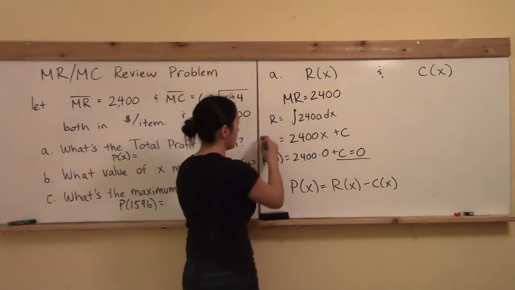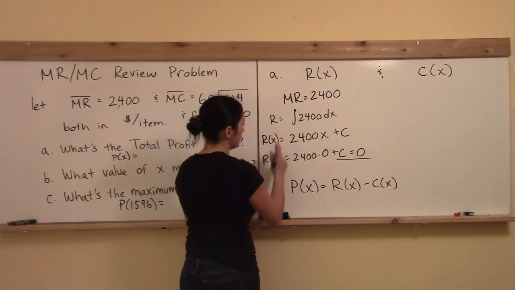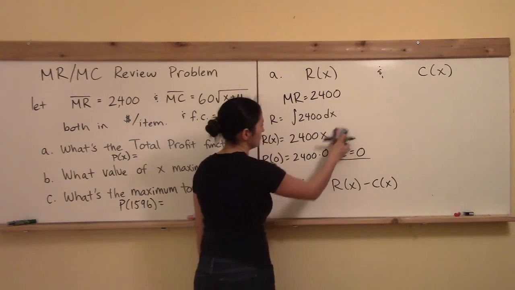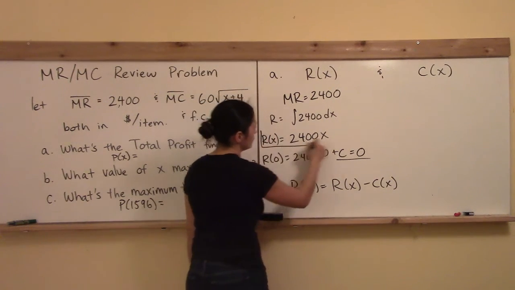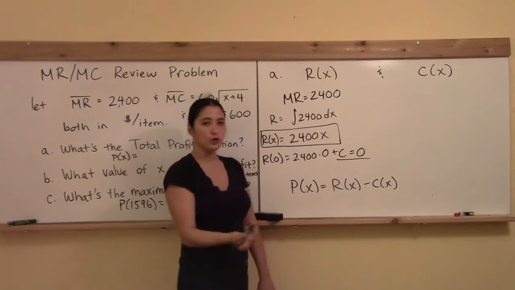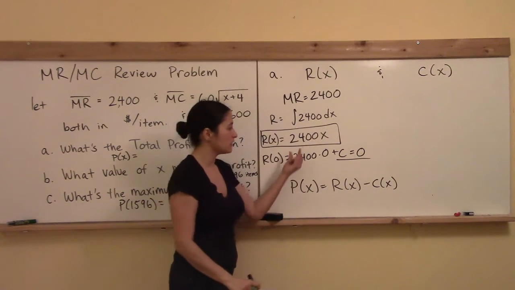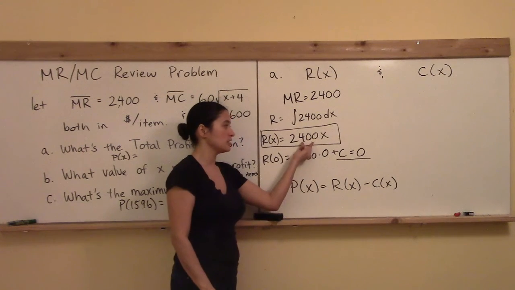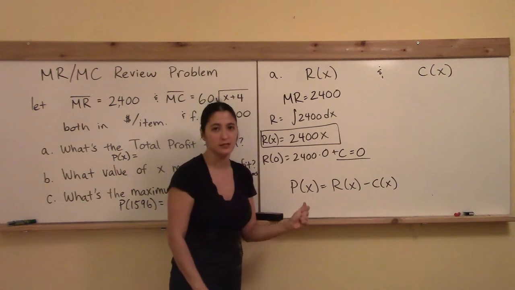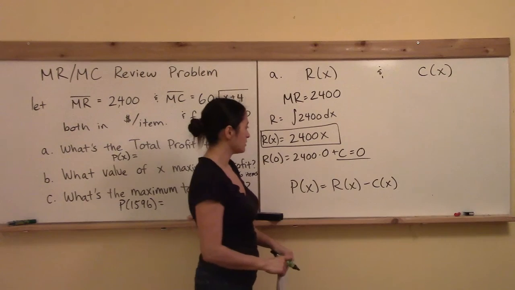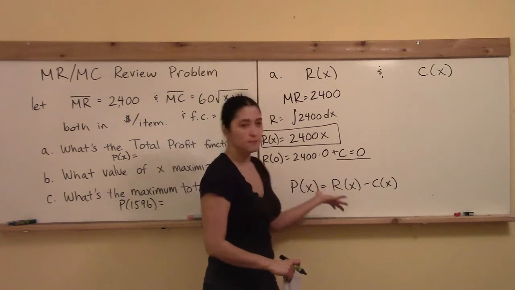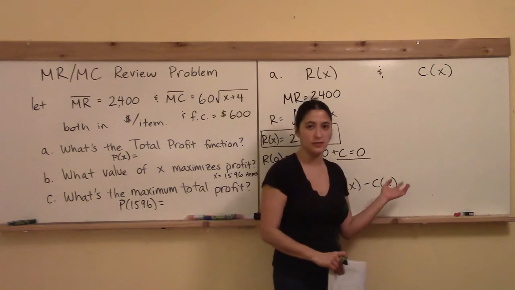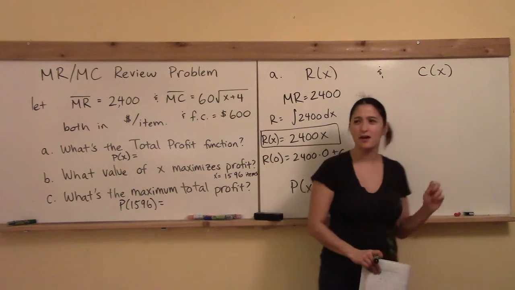So my actual total revenue function is 2400x. And if you like to see total revenue as the product of price times number of items, then again you can see that 2400 is the selling price of my awesome, fabulous product. Hopefully that one was straightforward for you because the cost one is a little harder.